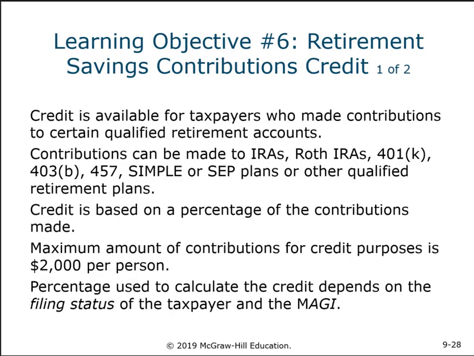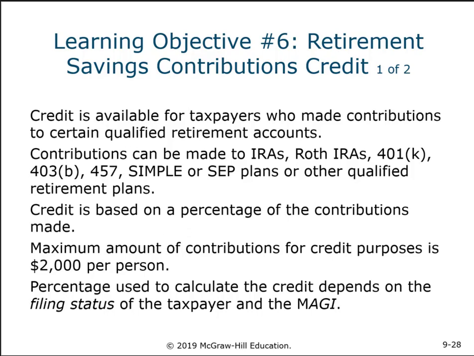All right, retirement savings contribution credits. This is an interesting credit in that when you make contributions to your retirement plan at your employer, they will take the money out of your check, they will match it or something, and that income will not show up on your W-2.